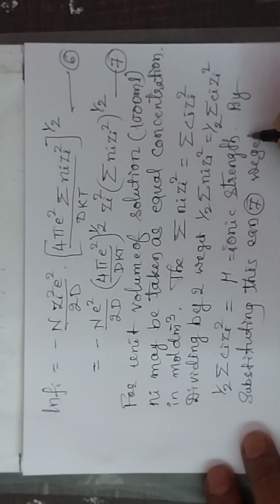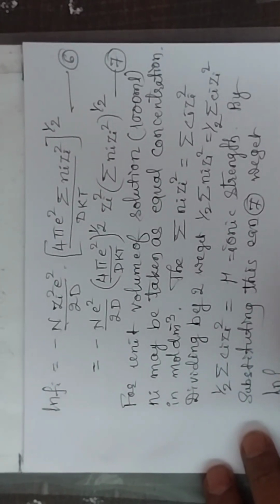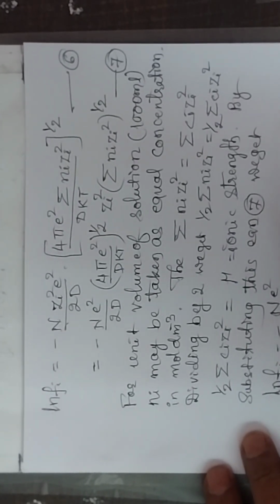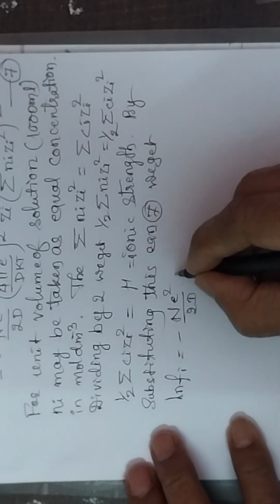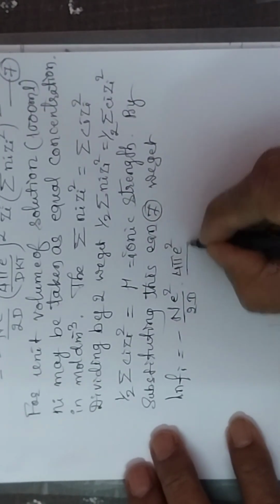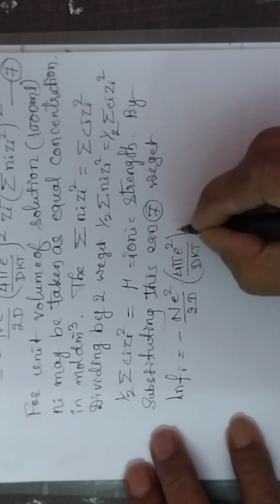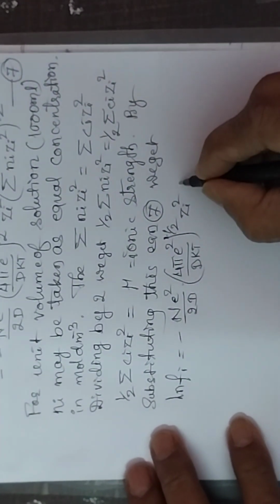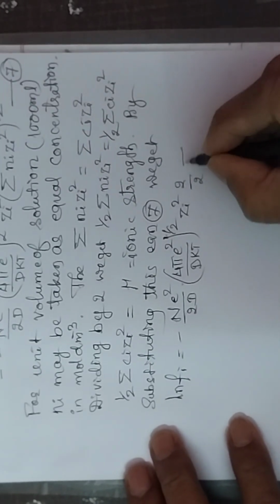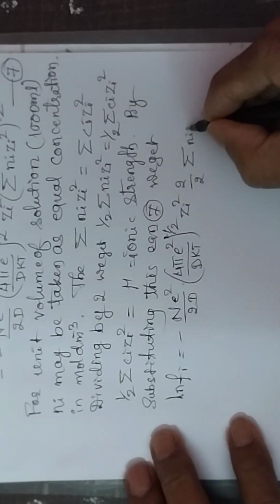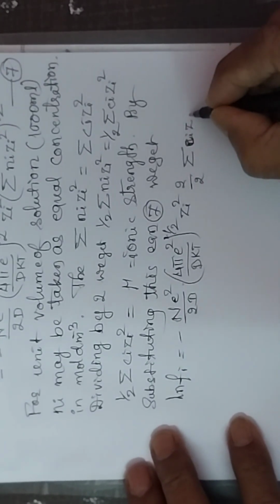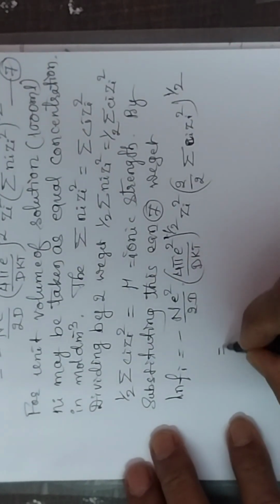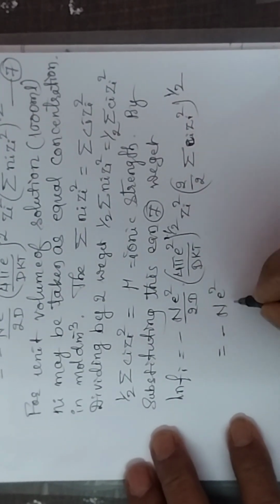We get ln fi equal to minus ni e square divided by 2d, then 4 pi e square divided by d k t raised to half, then zi square, then 2 divided by 2 summation of ni, that is ci zi square, this raised to half.